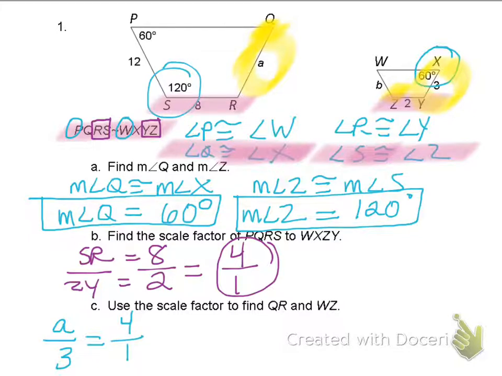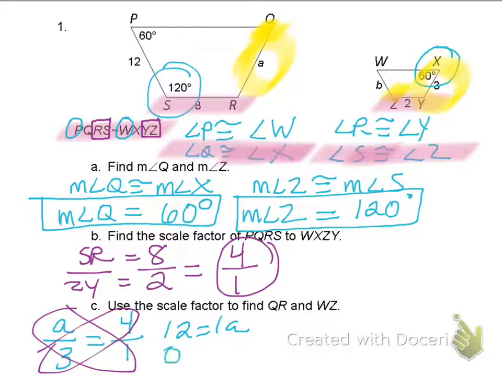And then we can cross multiply, and we have 12 equals 1A, which means A equals 12. So QR is going to be equal to 12.